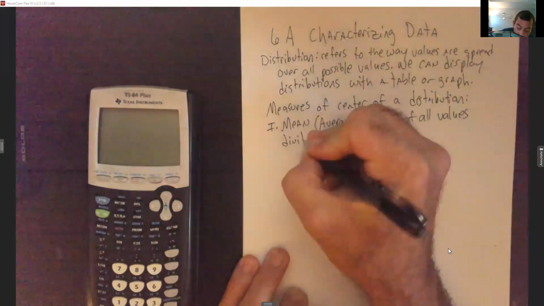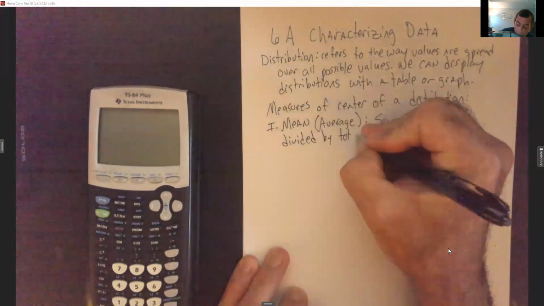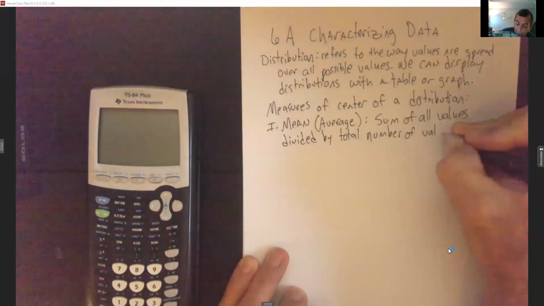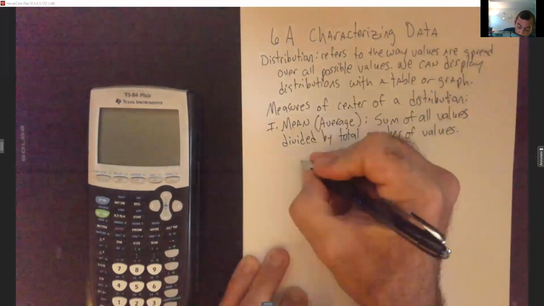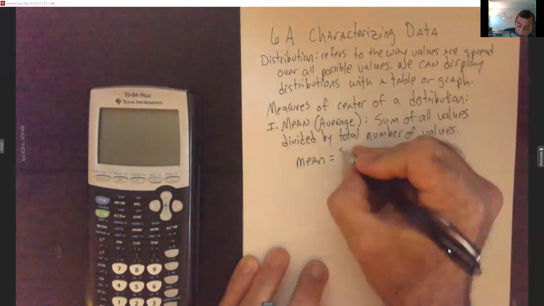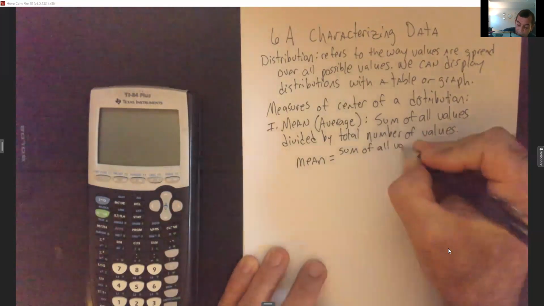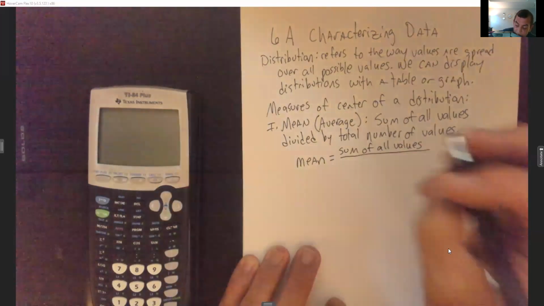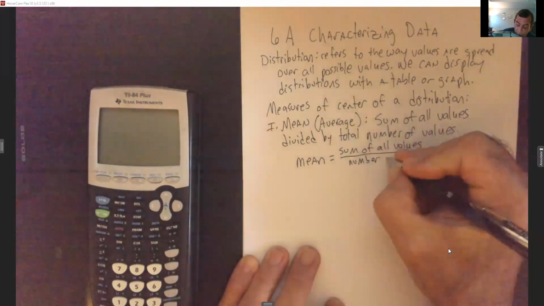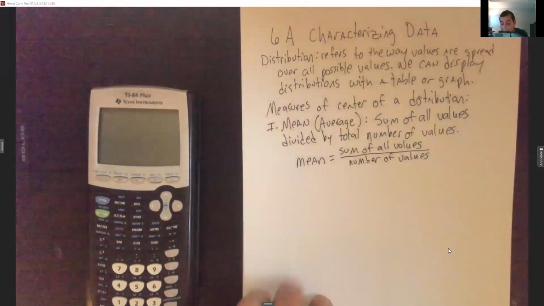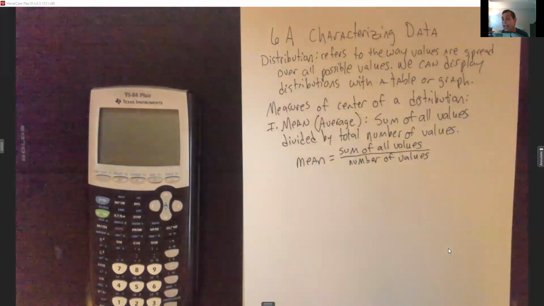So you would have the formula: your mean is going to equal the sum of all values on top, divided by the number of values. Like if you had 4 tests and you wanted to know your average or your mean, you would add all 4 of them tests up and then divide by that 4.